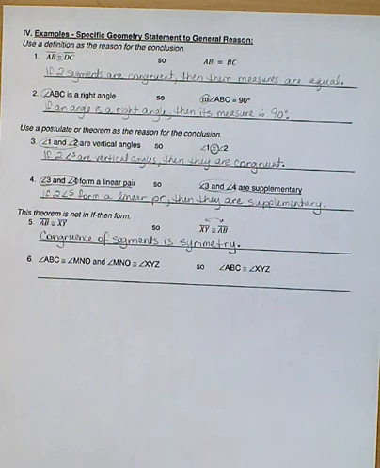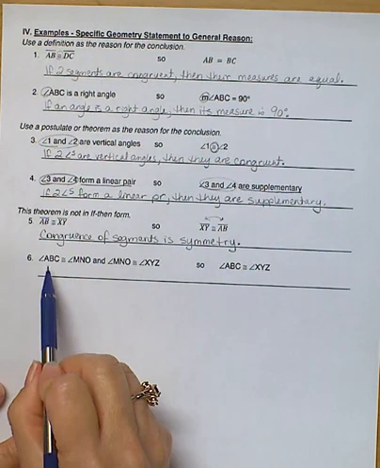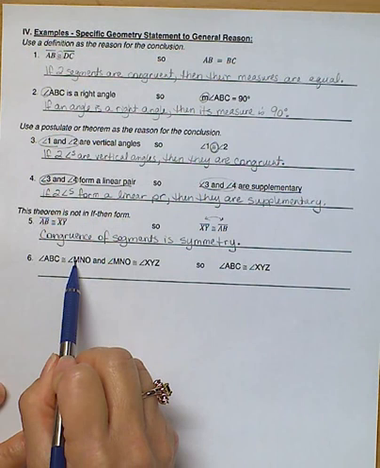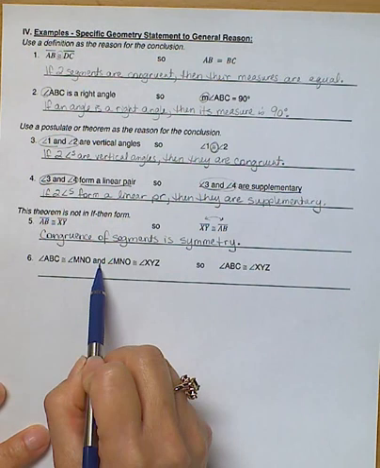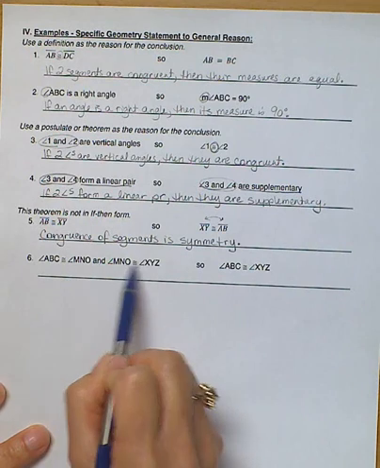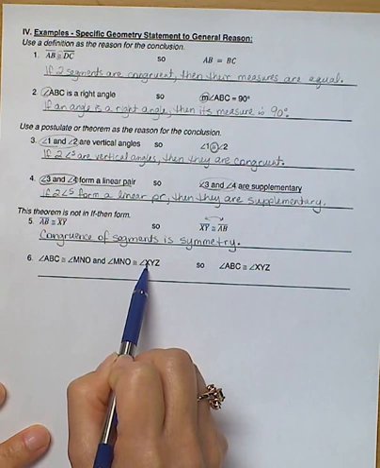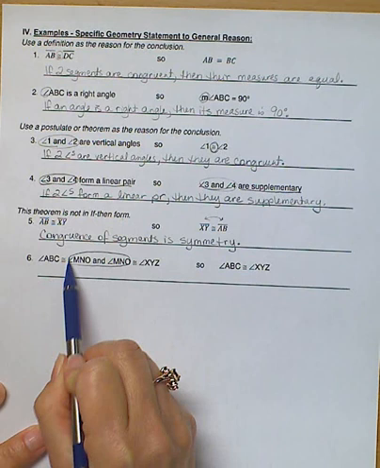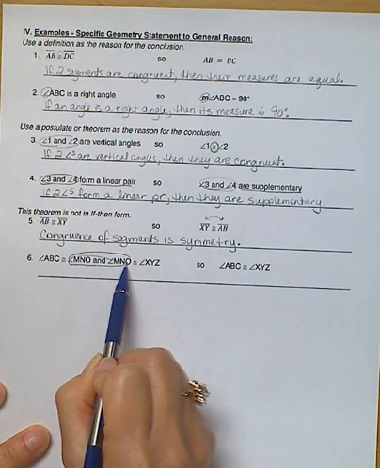So number 6, I have 2 angles that are congruent, and I have another 2 angles that are congruent, but I have a duplicate that isn't showing over here. So I had 1, 2, 3 angles that came down to 2. So that's that transitive thing.